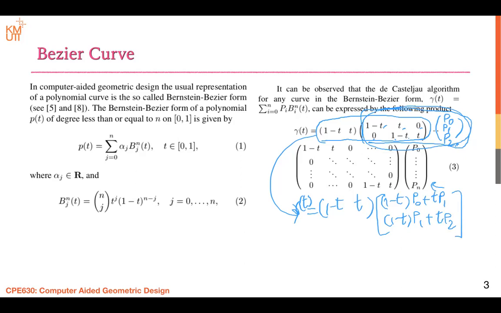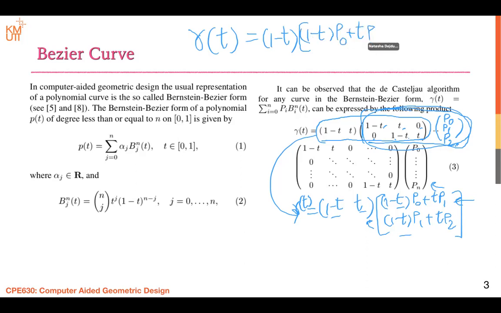And then we go on by multiplying these 2 matrices together, and you will have gamma t equal to this one and this one. So we have 1 minus t multiplied by the upper one, 1 minus t p0 plus t p1.